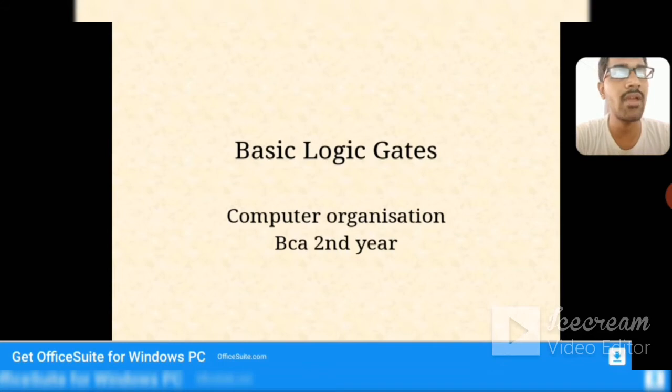Then we will classify what are basic logic gates and what are universal logic gates, and how the universal logic gates are used. We will discuss that in the next class, but today we only discuss about all the logic gates and their functionalities.